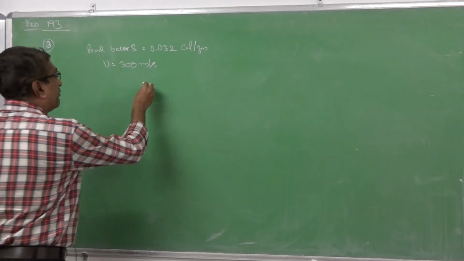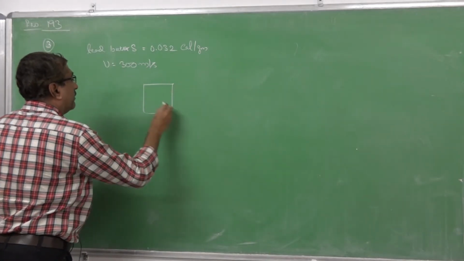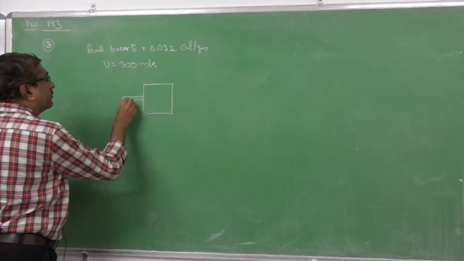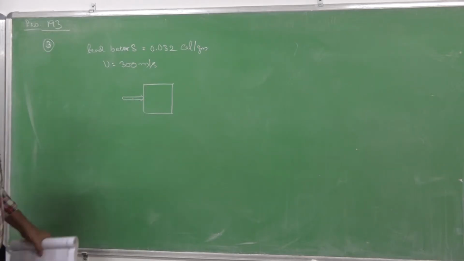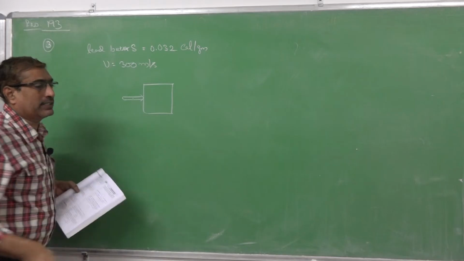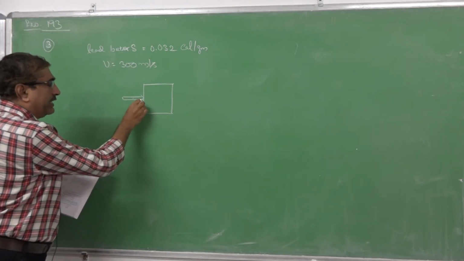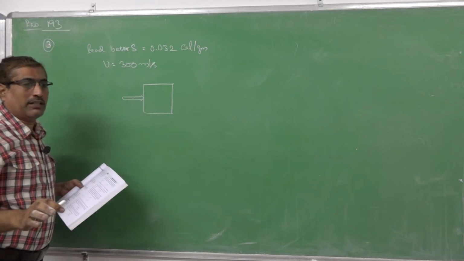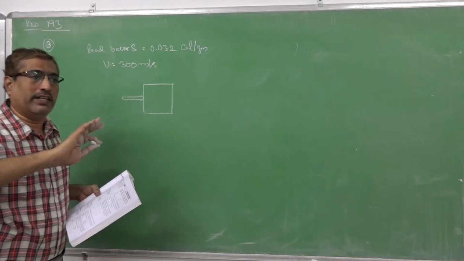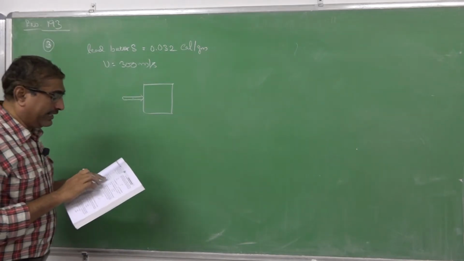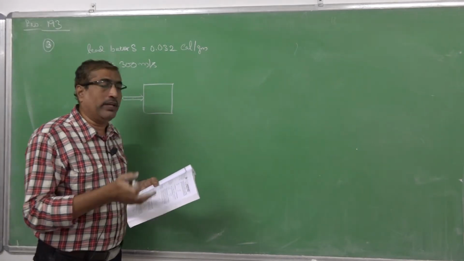So, assume that this is a target like this. When the bullet hits this target, it is completely stopped. That means as the bullet is moving, it has kinetic energy. It is completely stopped means its total kinetic energy is converted into another form.